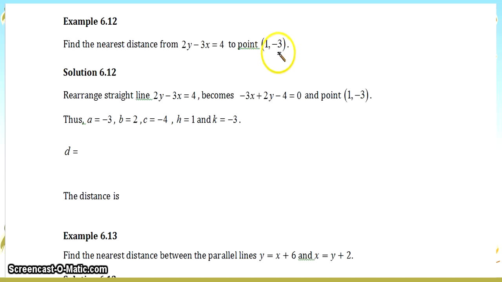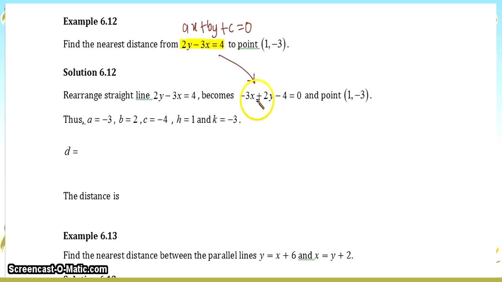So to find the distance, we need to rearrange the given line equation to the general form ax plus by plus c equals 0. This means we need to write all terms on the left hand side and leave 0 on the right hand side. So rearranging this equation, we get negative 3x plus 2y minus 4 equals 0.